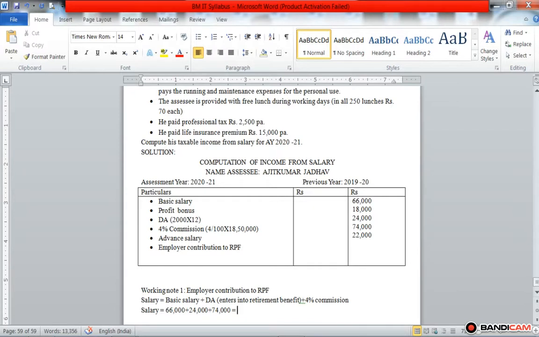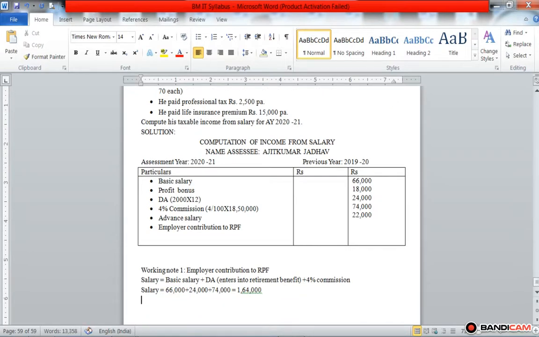That is the salary for RPF. 1,64,000 is the total. Now compute 12%, here we find out the employer's contribution.